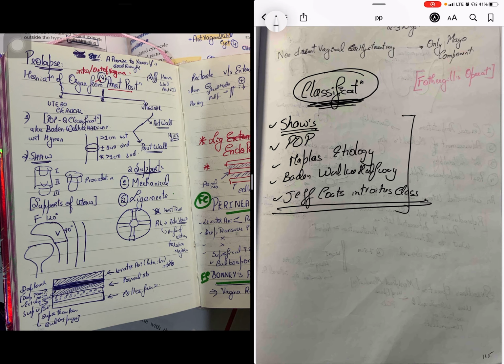Shaw's classification is simply with respect to the ischial spine and introitus. He had 4 degrees.